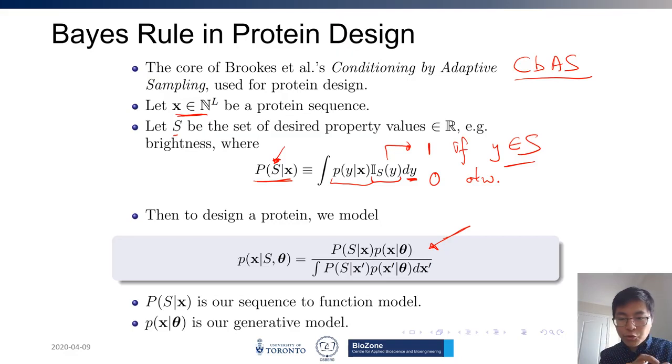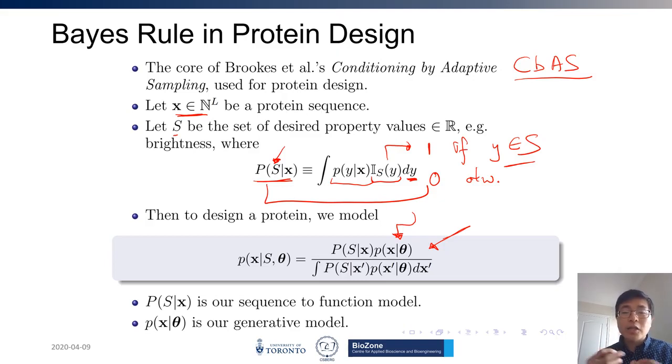We have these two parts. The first part is our sequence to function model. So given a protein sequence X, let's find if that X actually has a property value that belongs in our optimal set S, right? P of S given X, exactly this definition here. The second term is our generative model. We're given theta, which are the parameters, which as you recall, we can think of as the hypothesis.